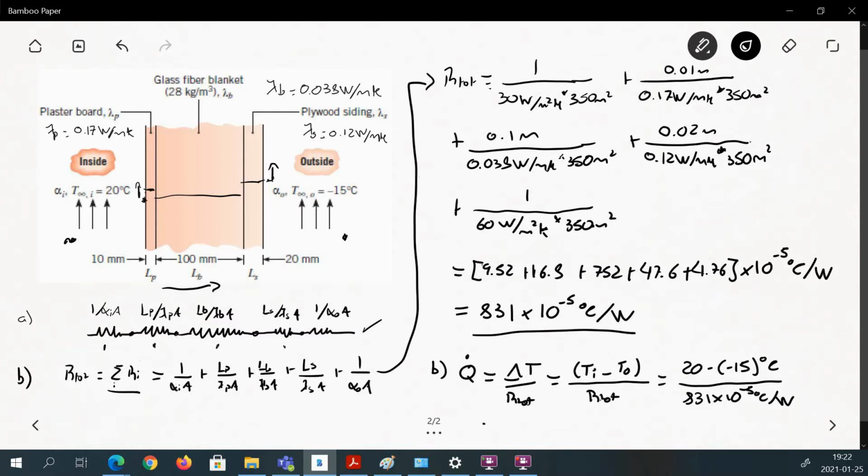And this at the end will give us a heat transfer of 4.21 watts. Done.